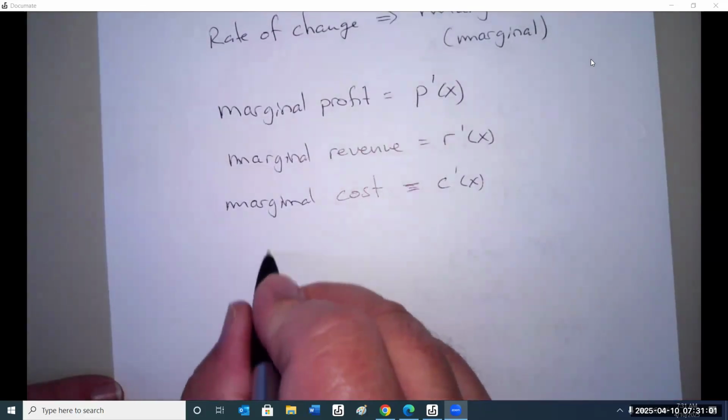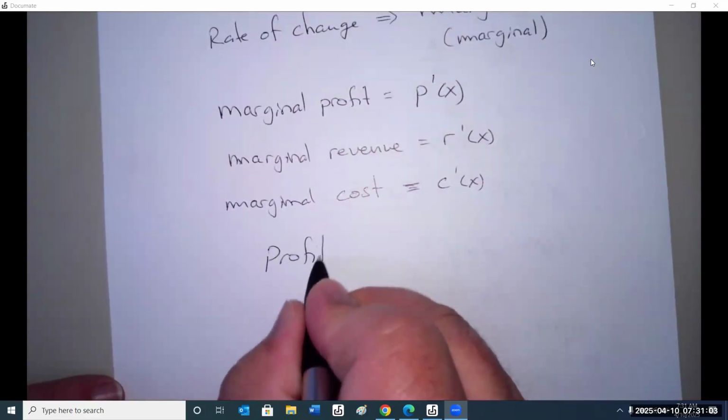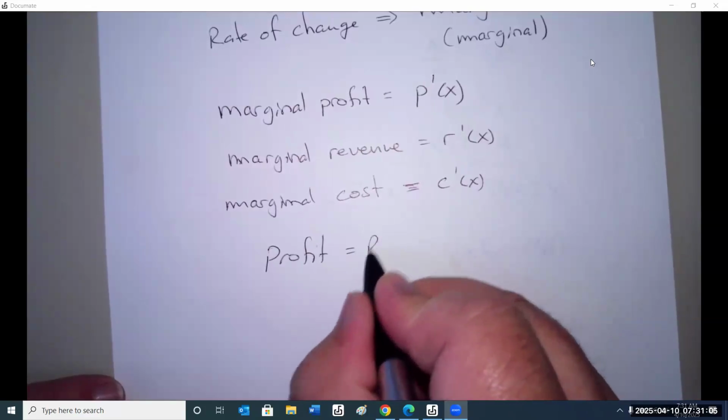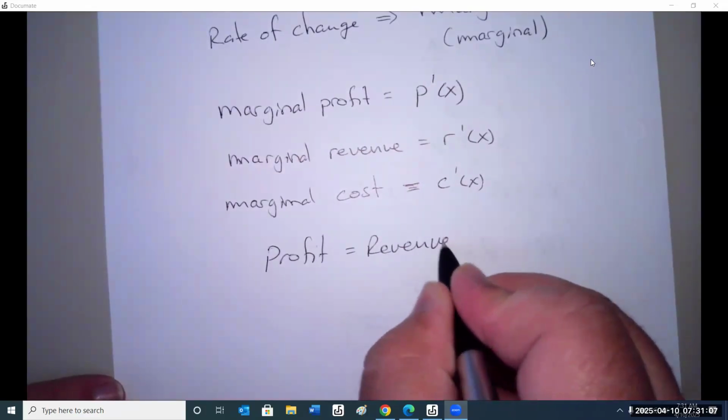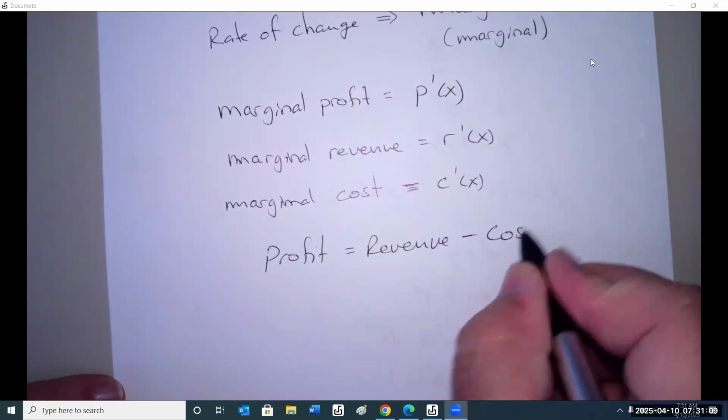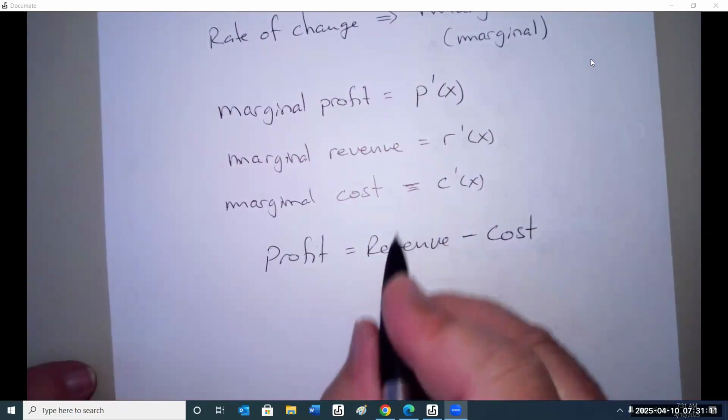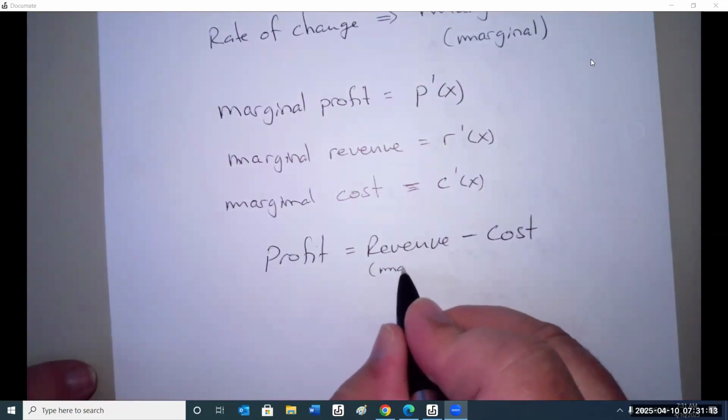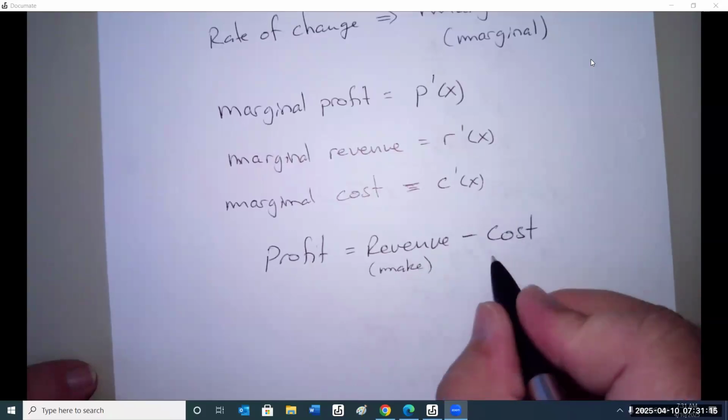So the formula for profit is revenue minus cost. What you make minus what you spent.